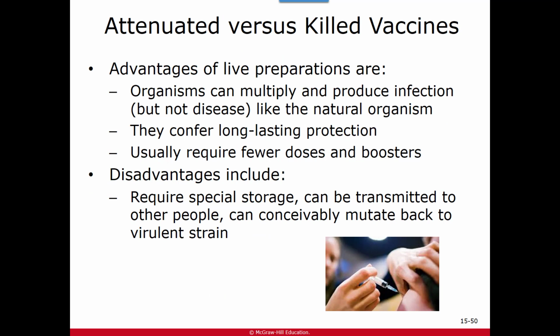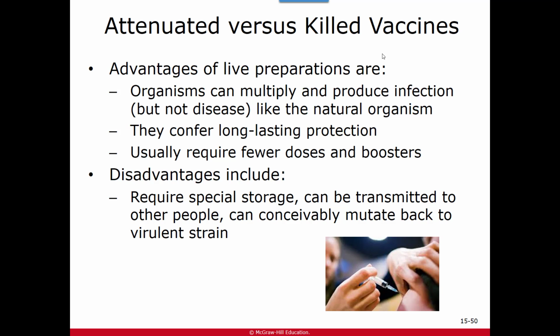An attenuated, or live but modified, virus versus a killed, dead virus. There are some advantages of giving someone an attenuated live organism. The organism can multiply and produce some kind of infection. An infection just means that the organism got in and took hold. But because we modified it, it doesn't cause the disease.